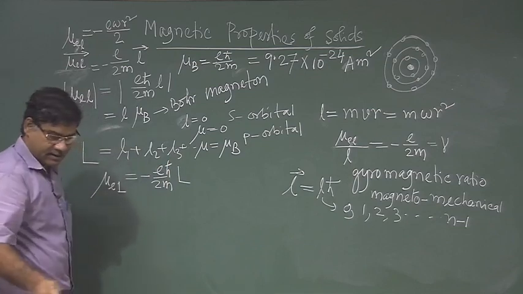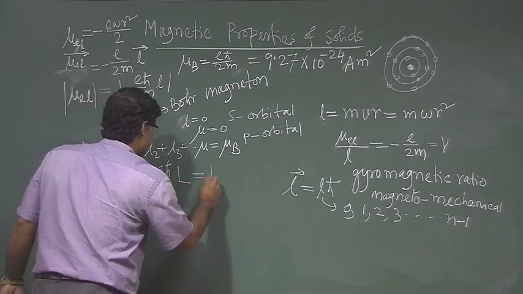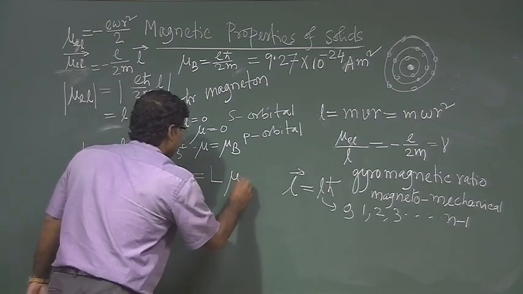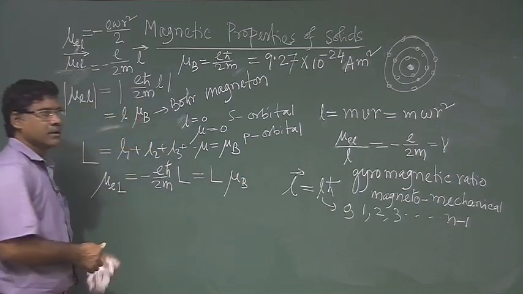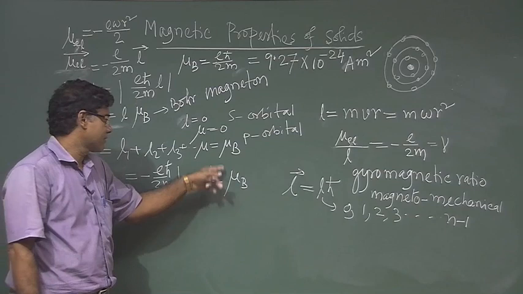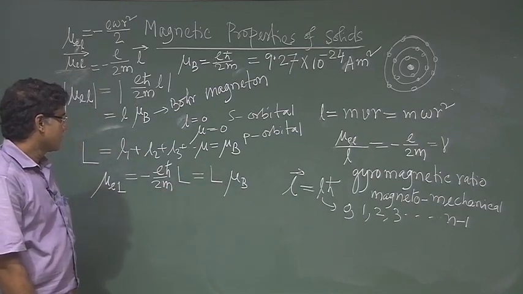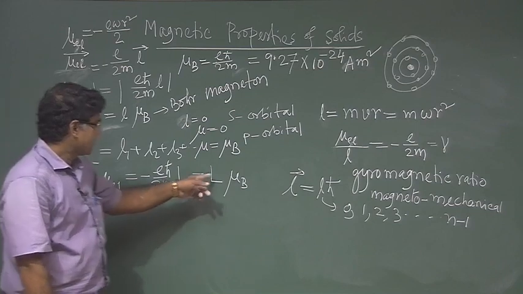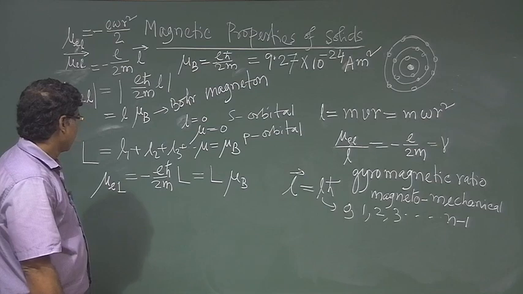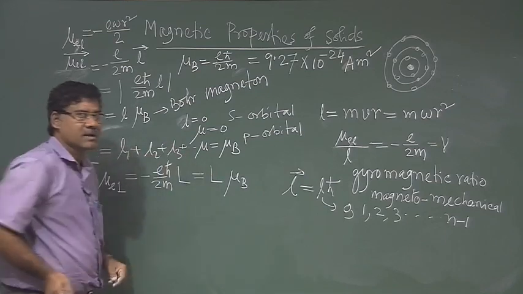So basically that will be equal to capital L mu B, okay, capital L mu B. So one has to find out this resultant angular momentum L, and this L, as I mentioned, one can get from the vector model taking the sum of them.